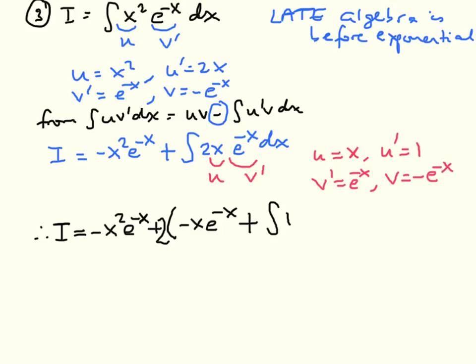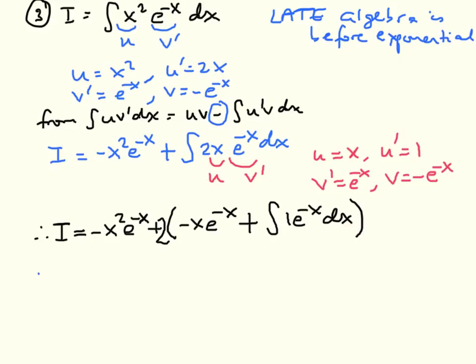So there are 2 minus signs, one from the integration by parts formula, one from here, and then we are left with an e to the minus x dx. Close the big brackets, and this integral is a standard integral, the integral of e to the minus x.